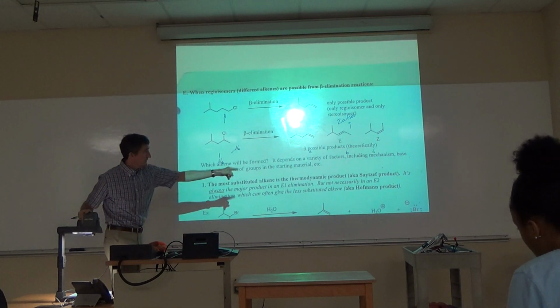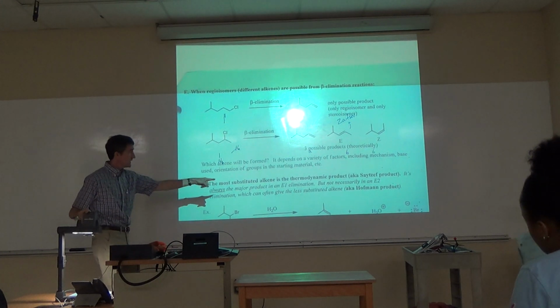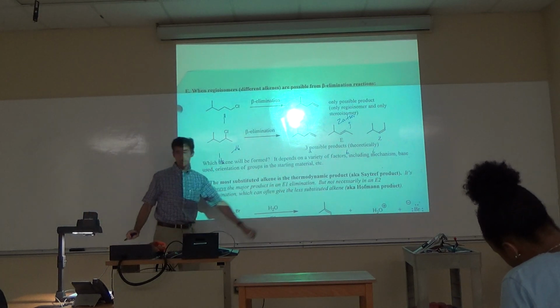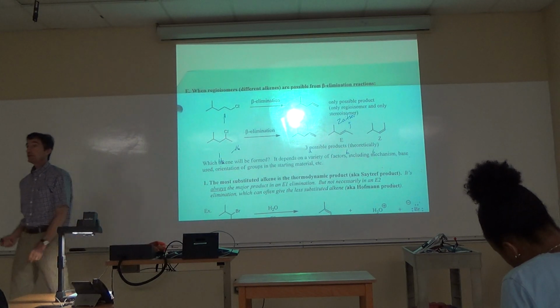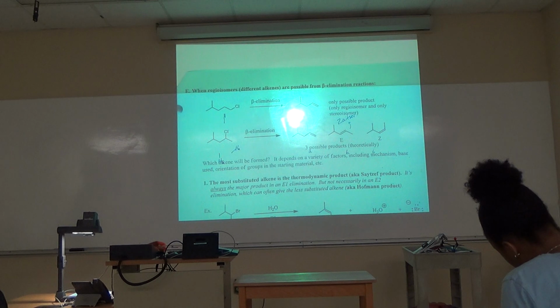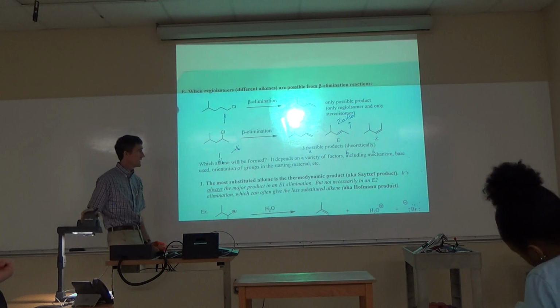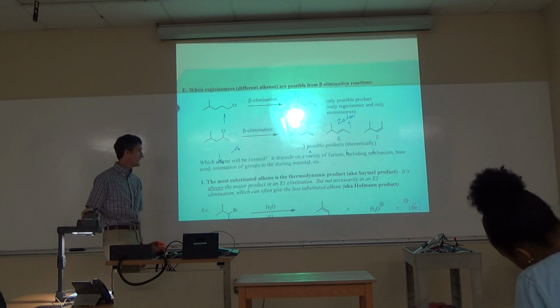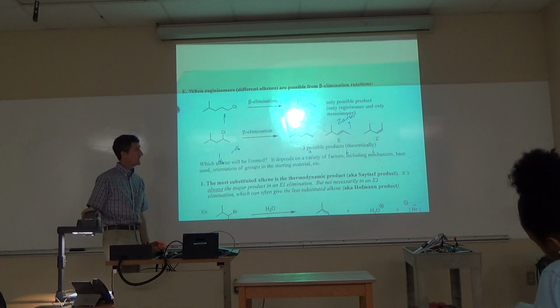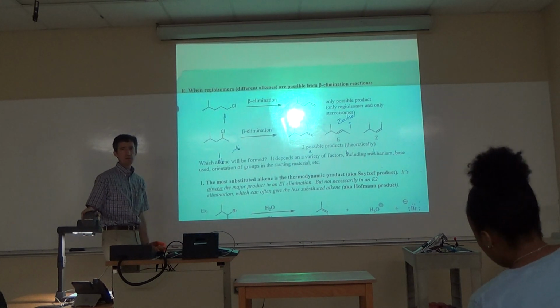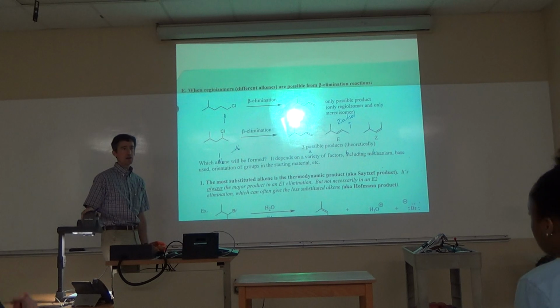Well, guess what? The Zaitsev product is always a major product in an E1 elimination. E1 always gives the most stable alkene possible. That's easy. But not in an E2 elimination, which can often give the less substituted alkene. Which of the 3 is the less substituted alkene? The first one, obviously.